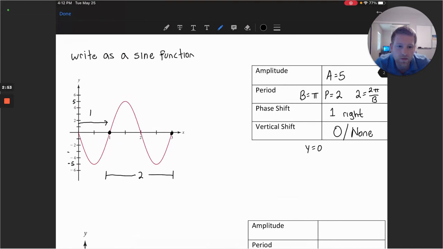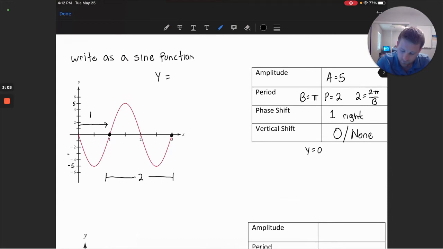So let's consider this again as a sine function. We can say that this is y is equal to, our amplitude is 5, so we increase and then decrease with amplitude of 5. Sine of, our B value is going to be pi, so we have a pi as the B value, and then we'll have x.